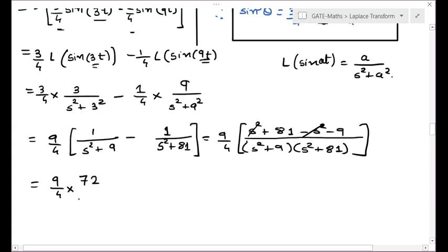Okay. Divided by s square plus 9, s square plus 81. In the next step you can simplify this further, right? 18 4s are 72, isn't it? And then 18 into 9. So that all depends on your exam, in which form they are going to give you options.